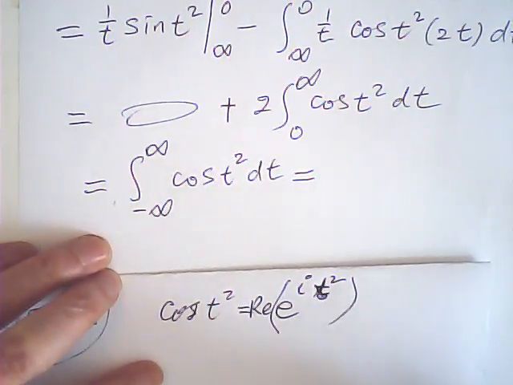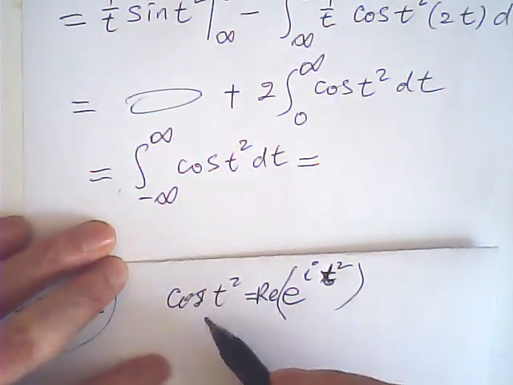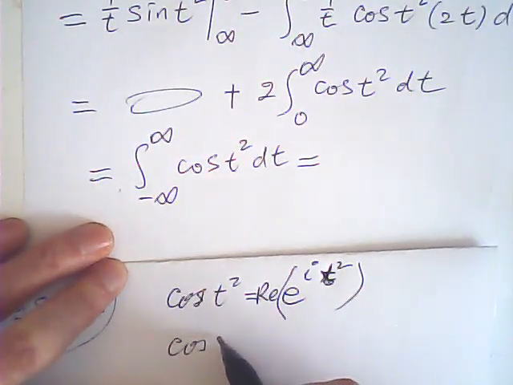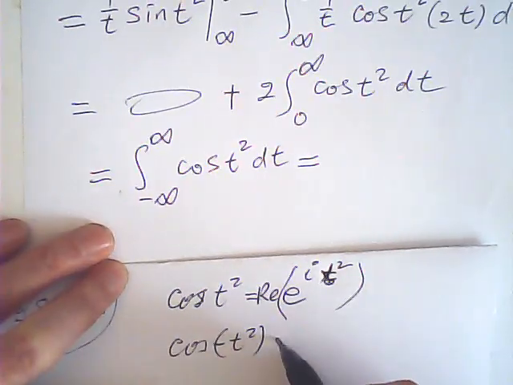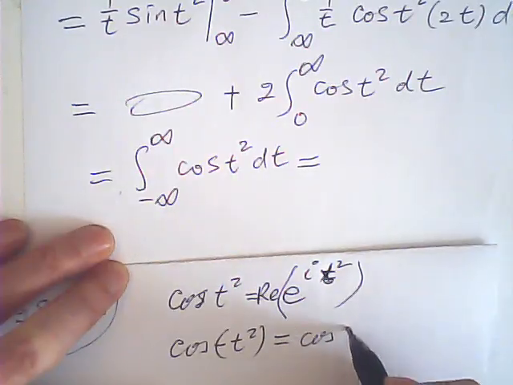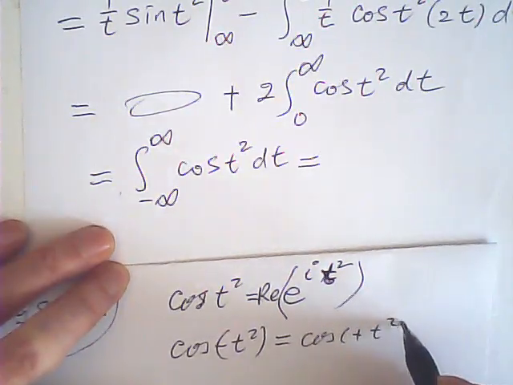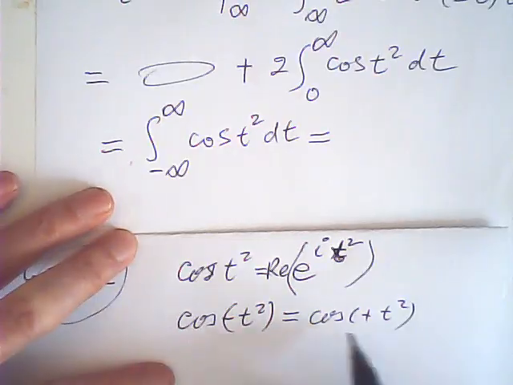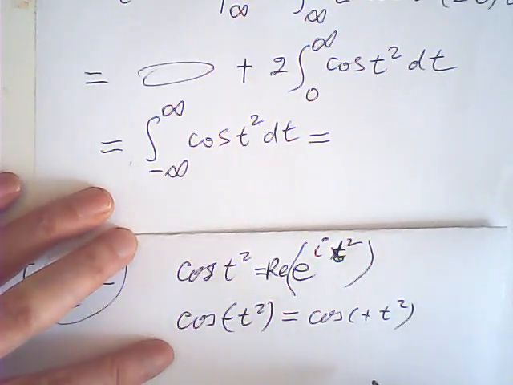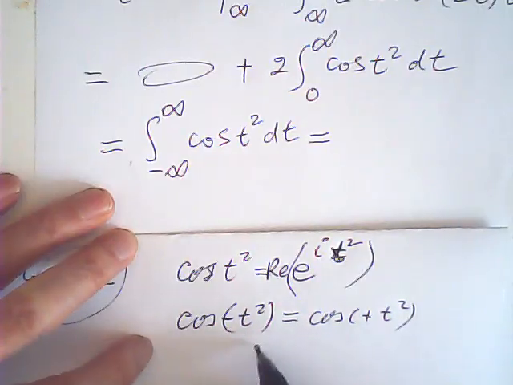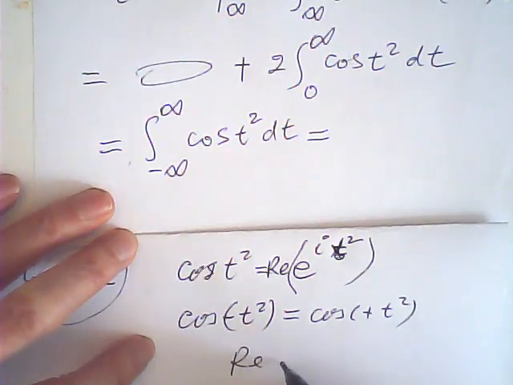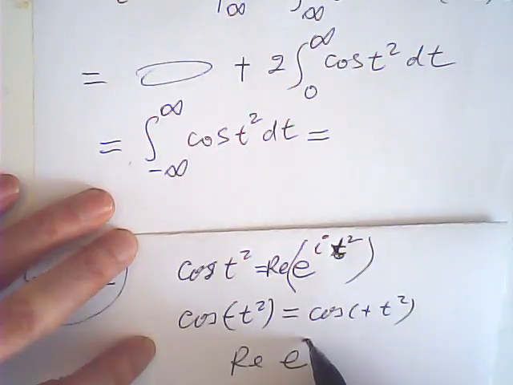Okay. And also cosine of negative t squared is equal to cosine of positive t squared. For cosine, negative and positive are the same. So therefore, this is also equal to the real part of exponential negative i t squared, right?